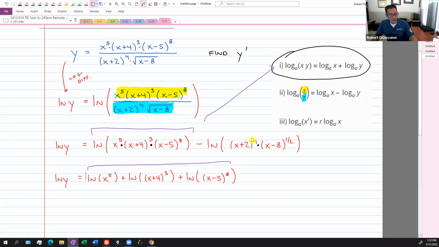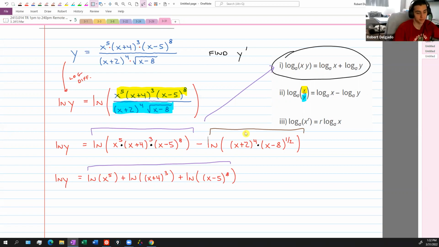And then the second log over here in brown, that kind of look brown to you? Brown. That is going to be split into how many logs? Two logs. Just 2, right? With what operation between them? Well, when we have multiplication inside of a log, we write the 2 logs with addition between them. However, this minus sign will actually act on whatever this thing in brown becomes.